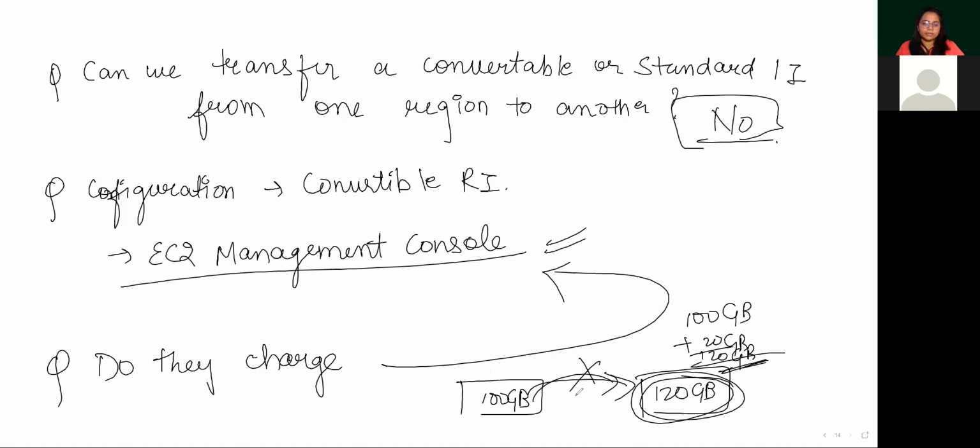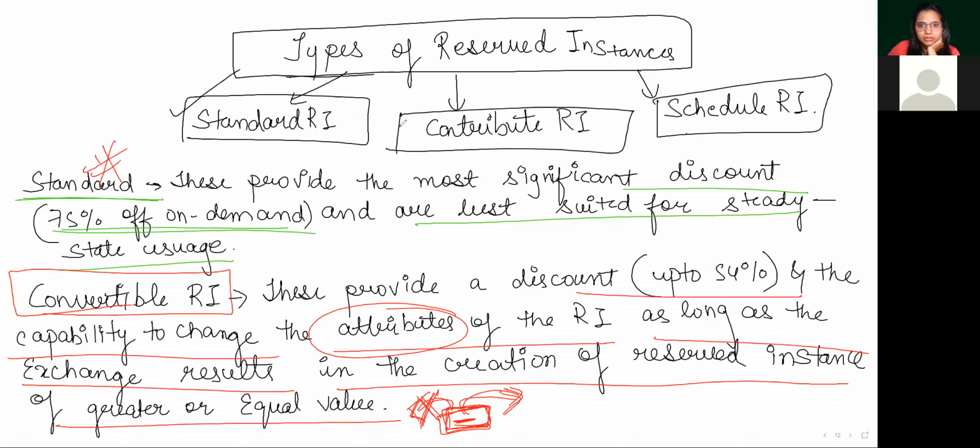If I convert an instance, can I convert it to on demand? No. What do you mean by conversion? See, reserved instance has three types, as I told you. You are not converting anything.